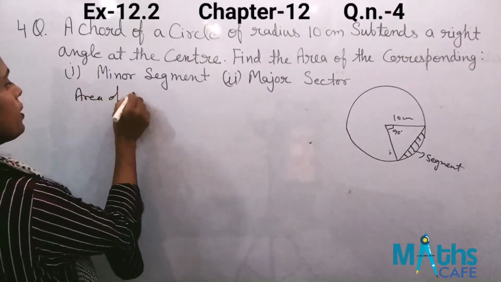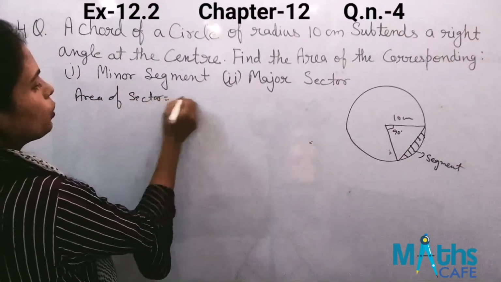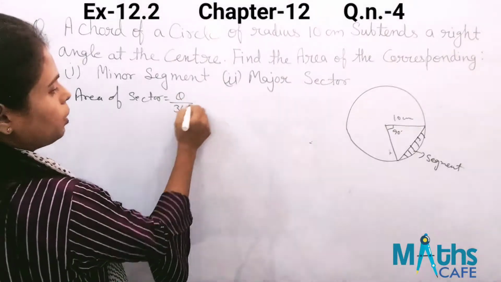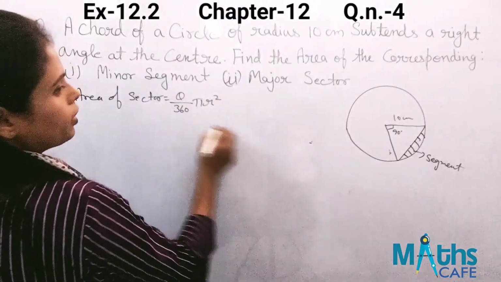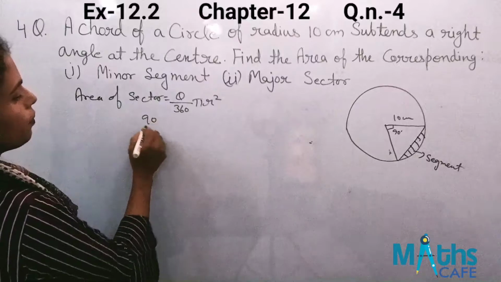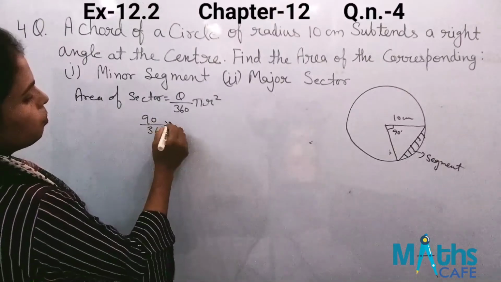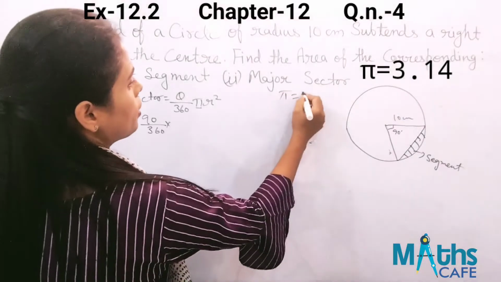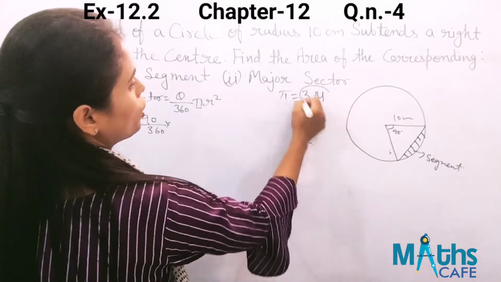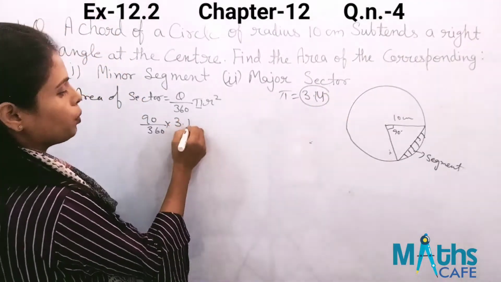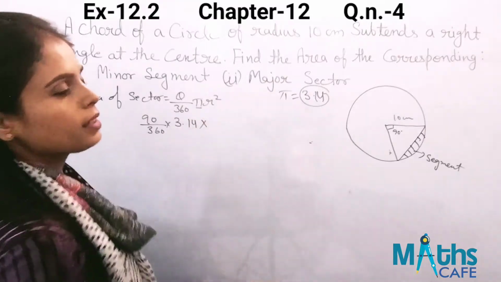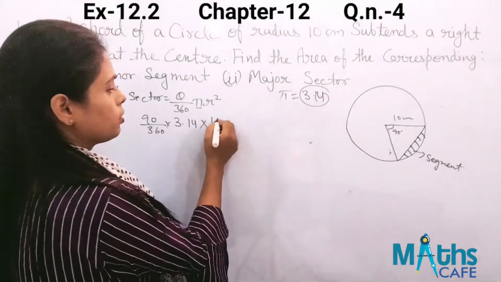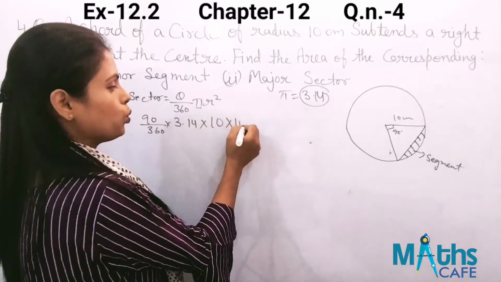Area of sector is equal to theta by 360 pi r square. Theta is 90 degrees. 90 by 360, and the value of pi is given in the question, that is 3.14. We are going to use this here, 3.14. Radius is given, 10 into 10. It is 10, we will take it two times.